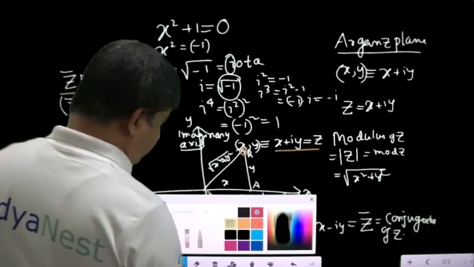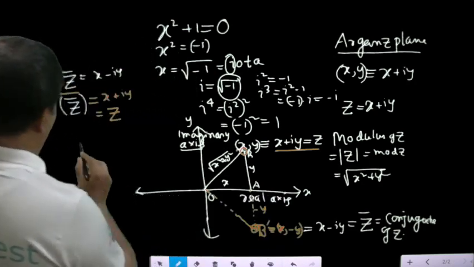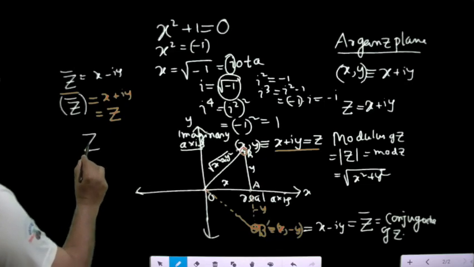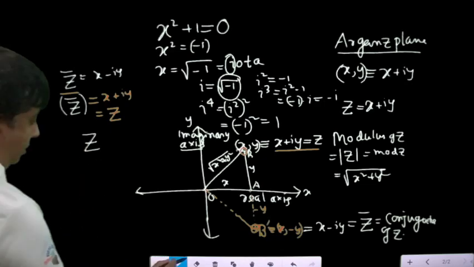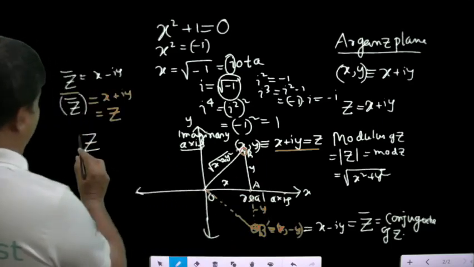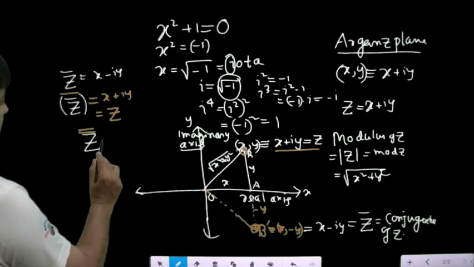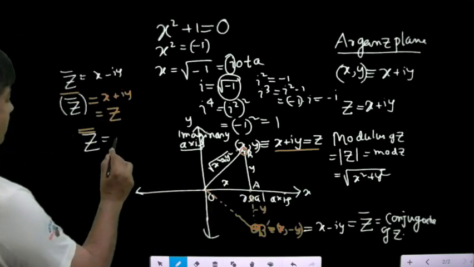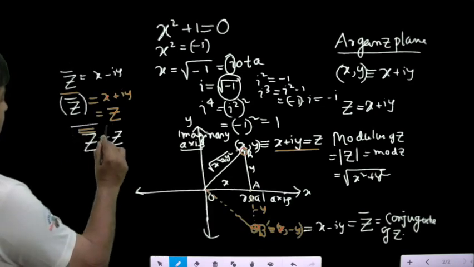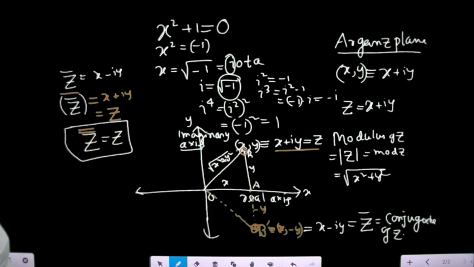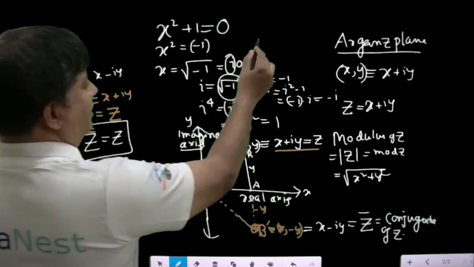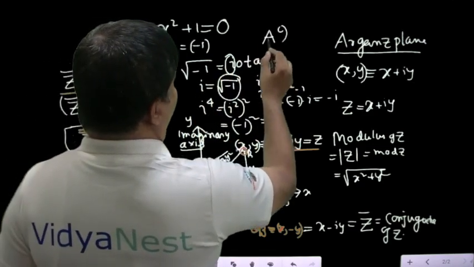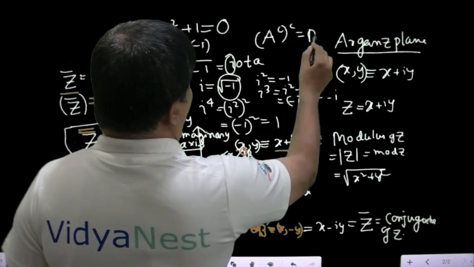So we have got z double bar is equal to z itself. In set theory you got, a set's complement's complement is the set itself.